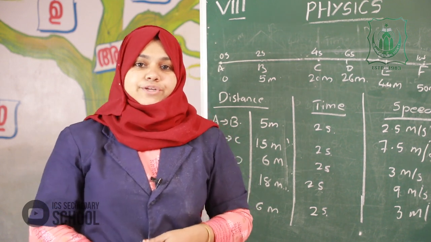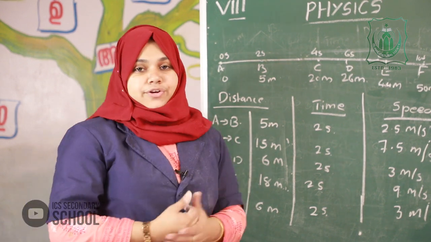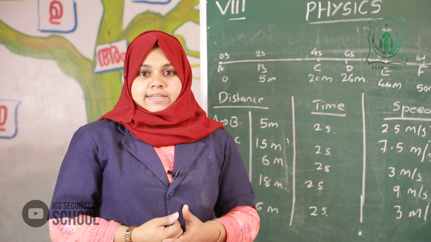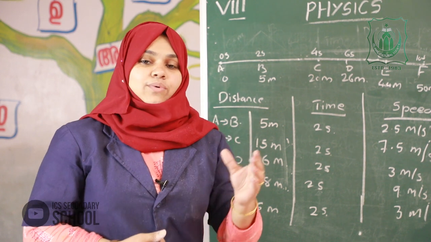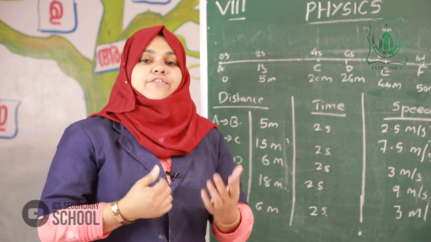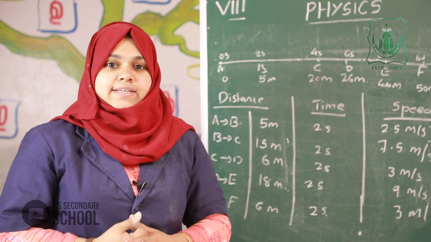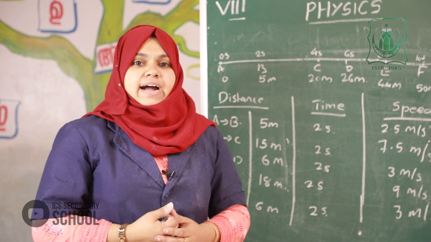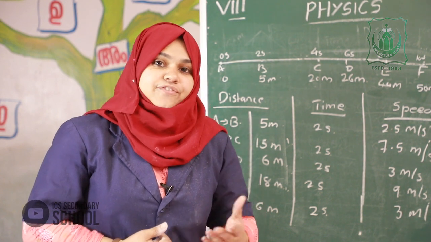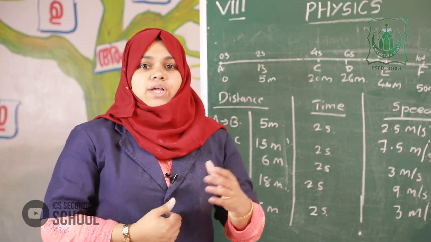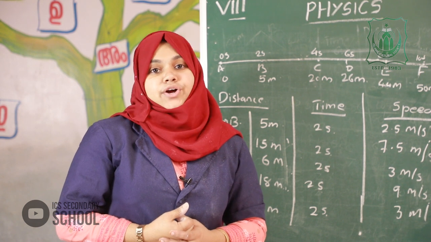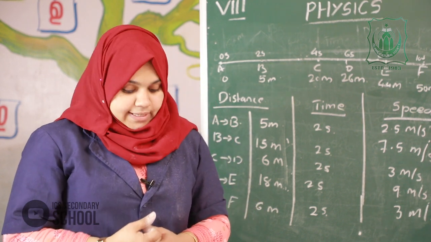Here we discussed uniform speed and non-uniform speed. All of you get it? If it travels equal distance in equal intervals of time, it is known as uniform speed, and unequal or different distance in equal intervals of time is known as non-uniform speed.